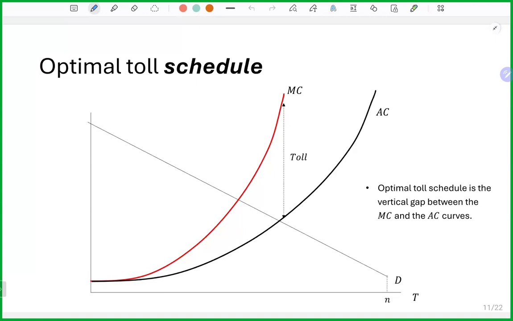I know that I'm repeating. I add this congestion toll to your private cost, then the marginal cost becomes your private cost. The toll is exactly the external cost. It becomes wider as t is higher.